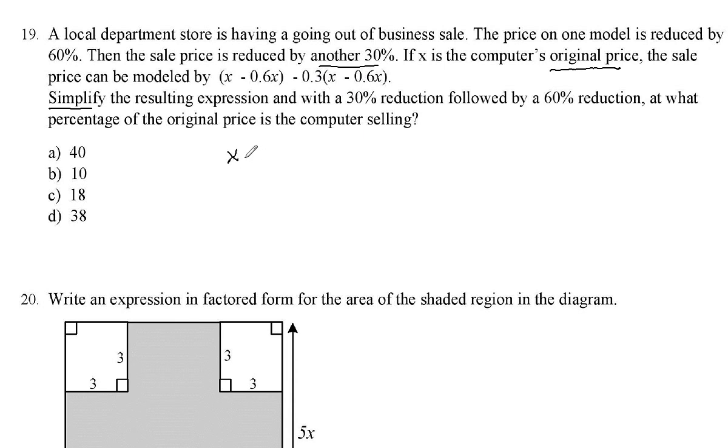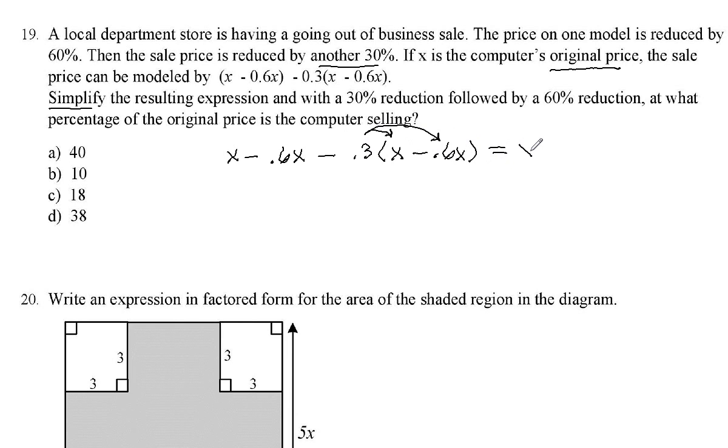So x minus 0.6x, and then minus 0.3 times x minus 0.6x. So let's take this negative 0.3, we'll multiply it in here, and then we'll combine our like terms.